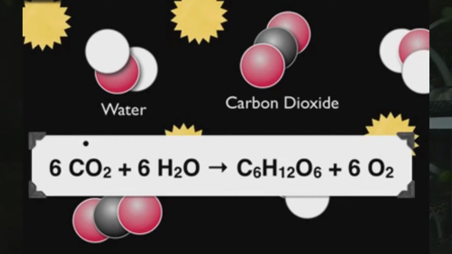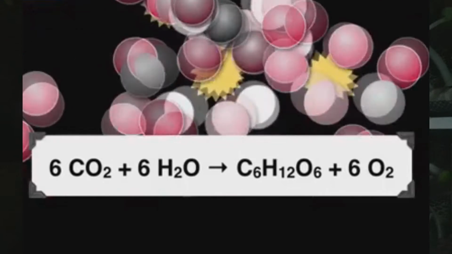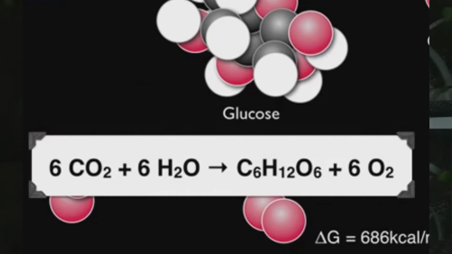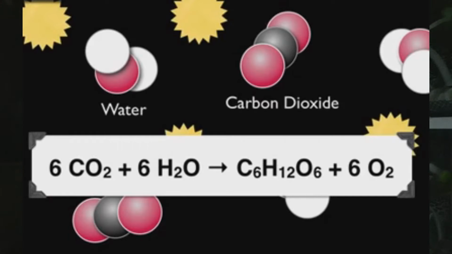The formula for photosynthesis is we take 6 carbon dioxide and combine it with 6 water molecules, and from that we can make C6H12O6 plus 6O2, meaning the C6H12O6 is also known as glucose.